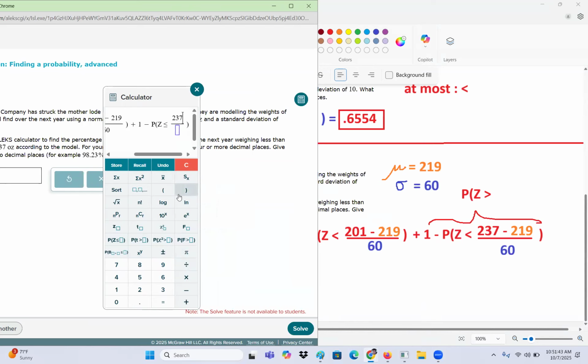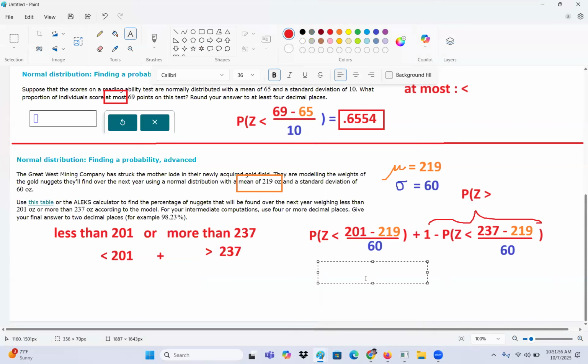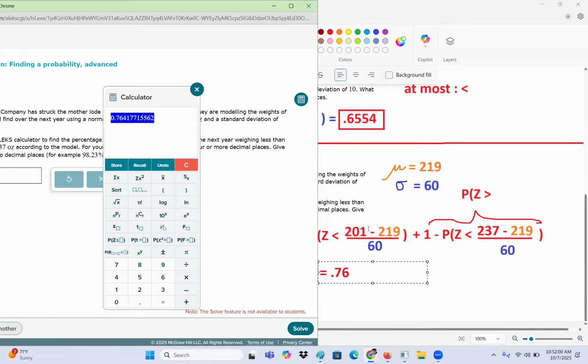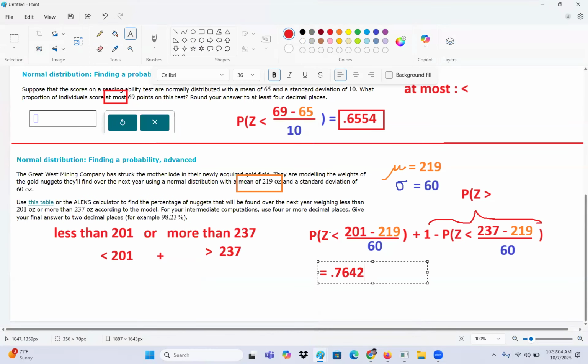10 over 60. Sorry. All right. It's not always possible to read the probability off the graph.